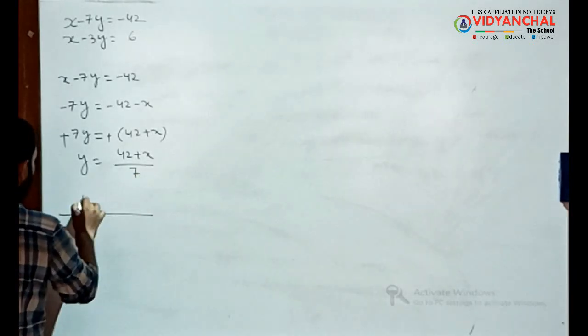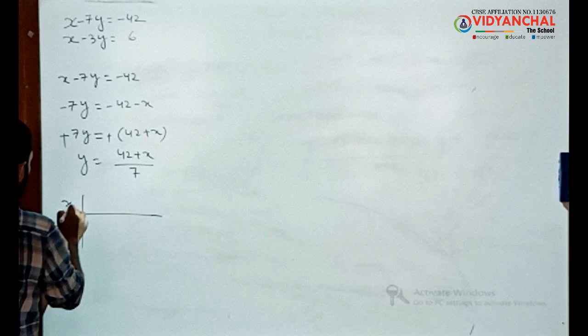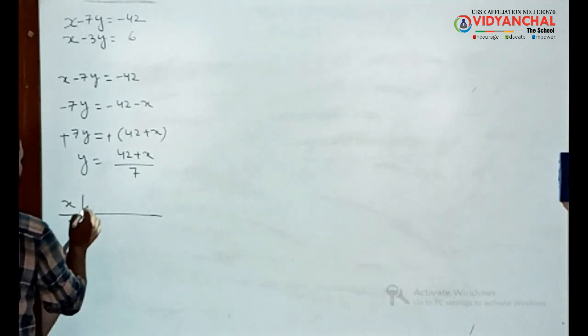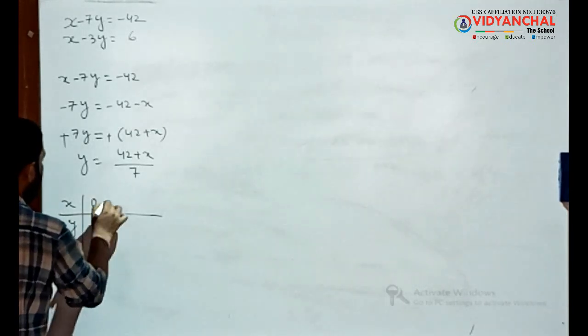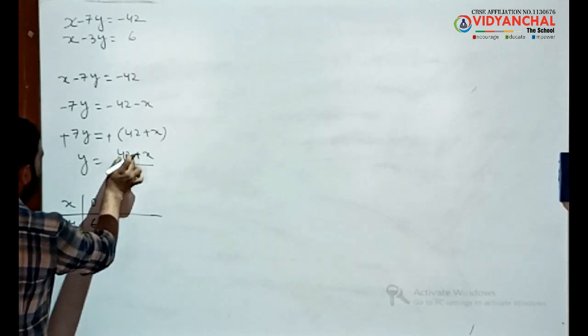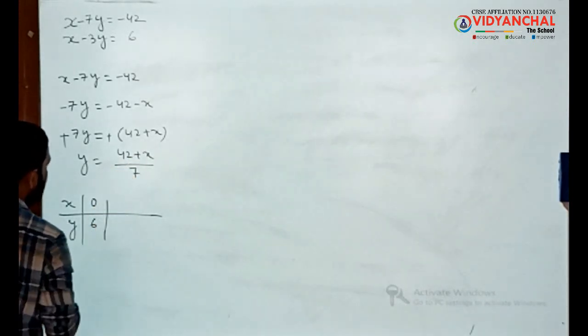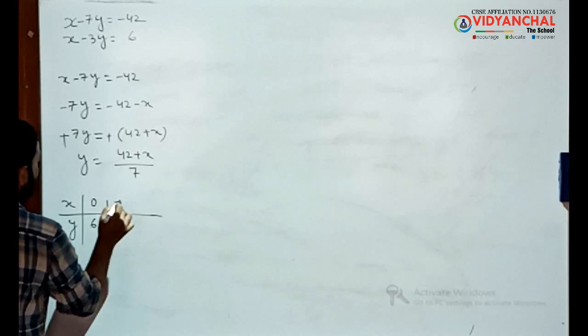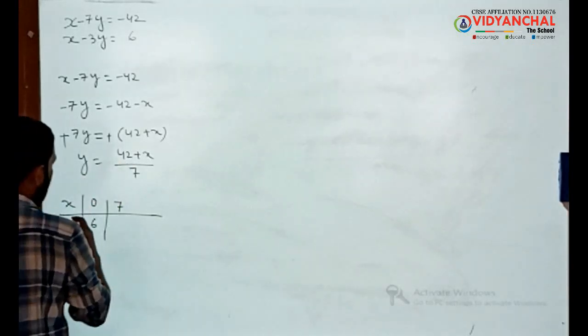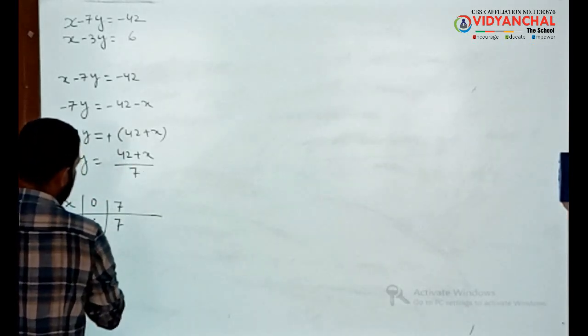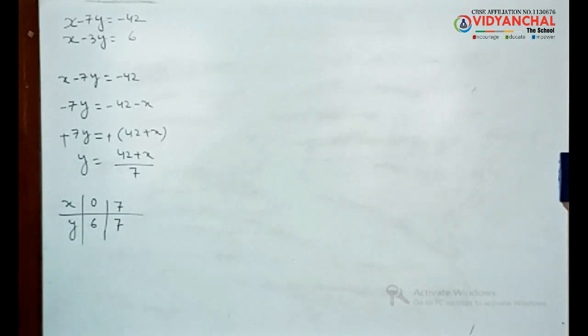Now find its coordinates x and y. If we take x equal to 0, then y will be 42 plus 0, that is 42 upon 7, that is 6. If we take x equal to 7, 42 plus 7, 49 upon 7, that is 7.